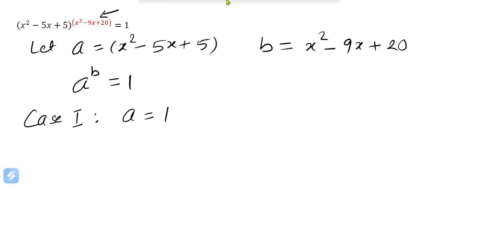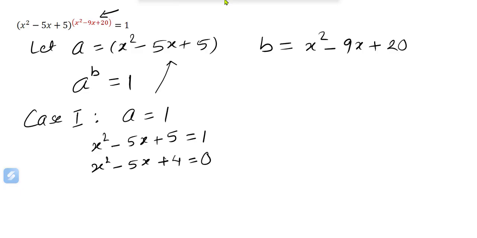If a is equal to 1, that also means x squared minus 5x plus 5 is equal to 1. Then we subtract 1 from both sides, so this is x squared minus 5x plus 4 equals 0.